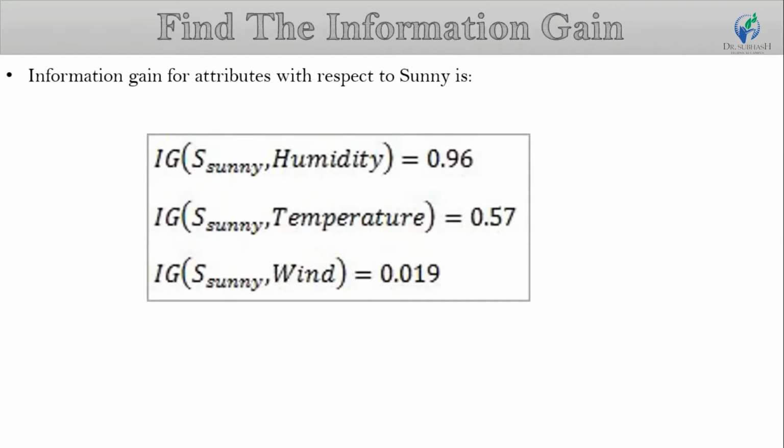So the information gain for humidity is highest. Therefore, it is selected as the next node. Similarly, entropy is calculated for rain. Wind gives the highest information gain.